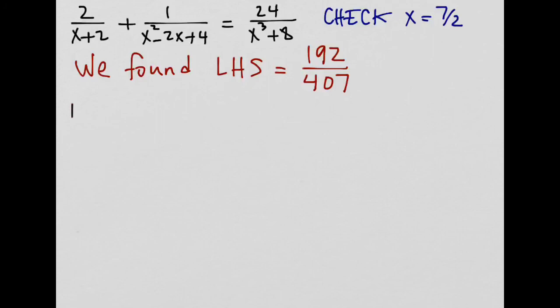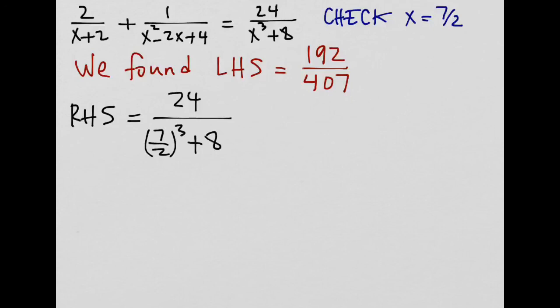So the right-hand side is 24 over 7 over 2 cubed plus 8. That's 24 over 7 cubed is 343 over 2 cubed, which is 8, plus 8.